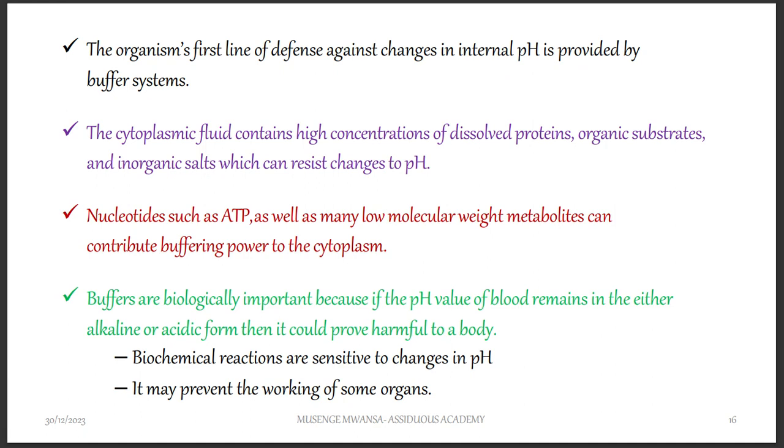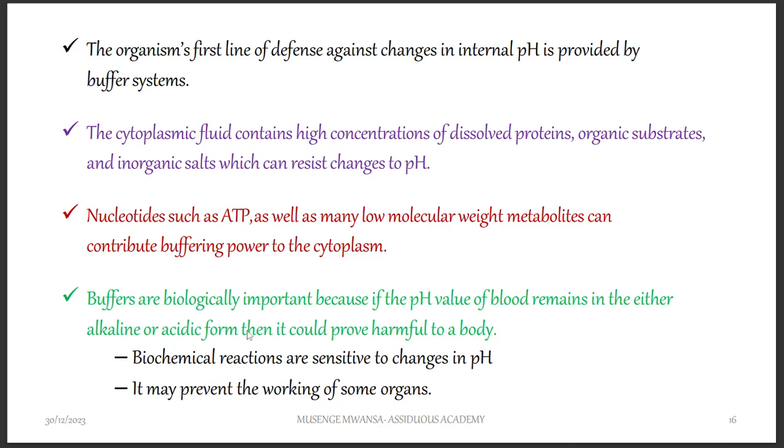And when you look at the cytoplasmic fluid, inside our cells, we have got proteins, organic substrates, and inorganic salts. All of these are able to resist changes in pH, including ATP. It also acts as a buffer.